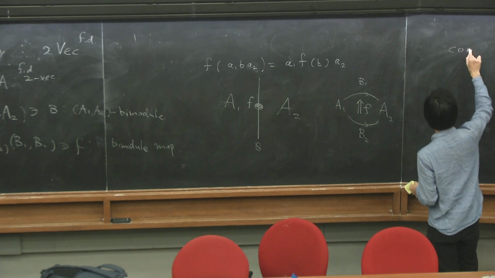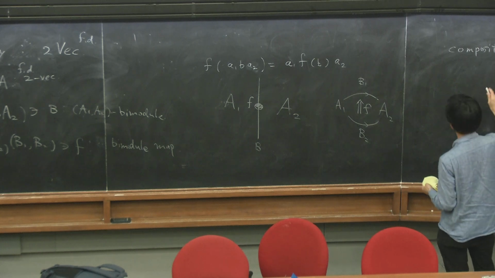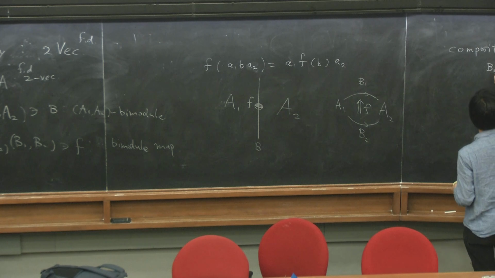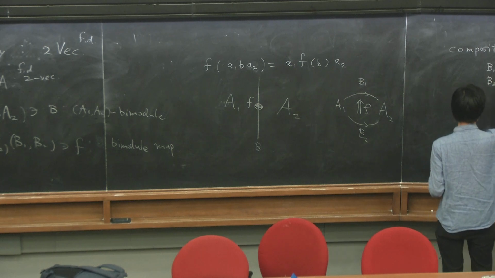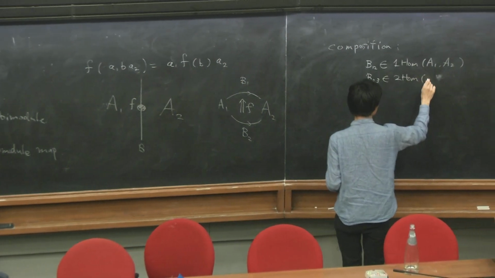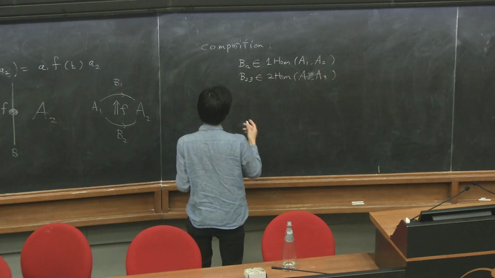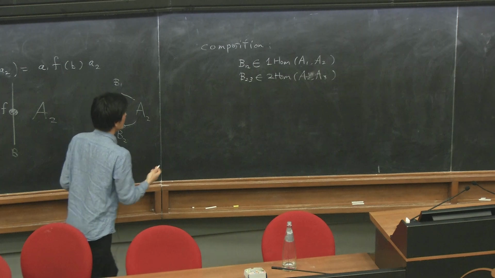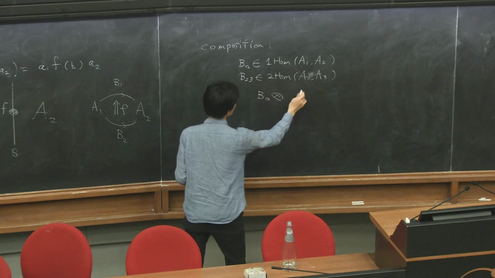So the composition is that if you have two bimodules, this is basically one morphism from A1 to A2 and A2 to A3. And then you can construct the tensor product over this part.